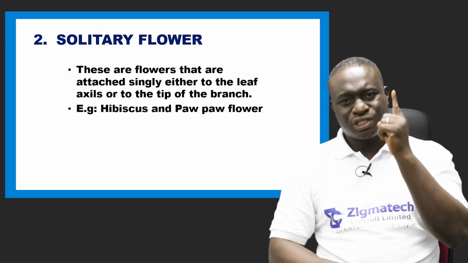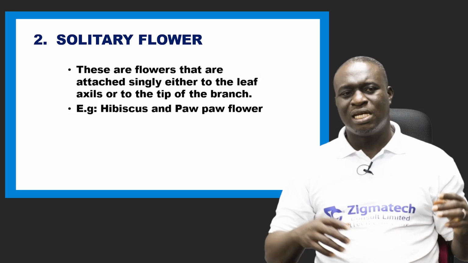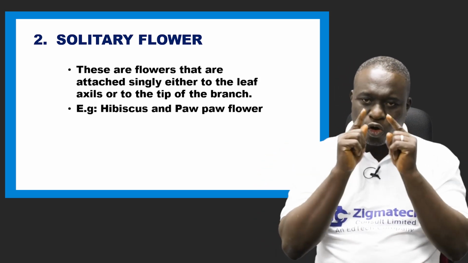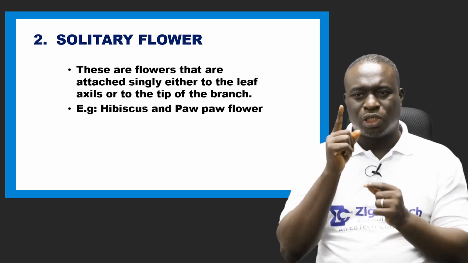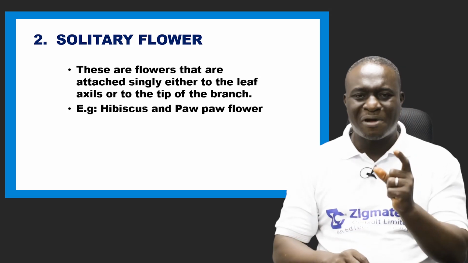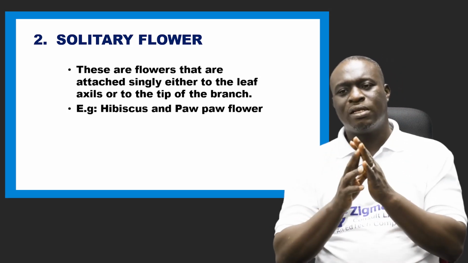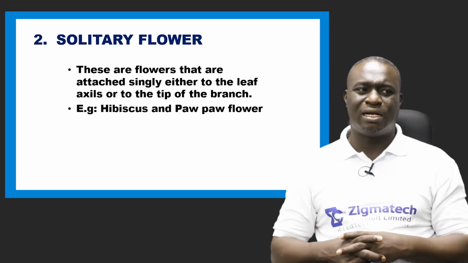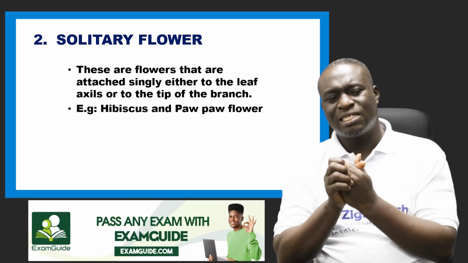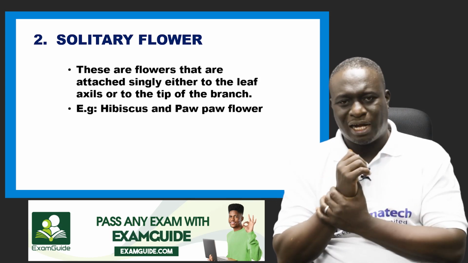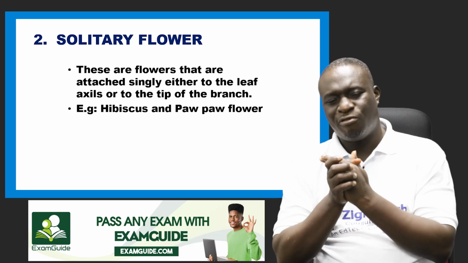In inflorescence, they are attached as a group to a single stalk, but in this case, they are attached singly to the leaf axil or to the tip of the branch. You see this type of flower in hibiscus and also in pawpaw flower, which is the Carica papaya flower.